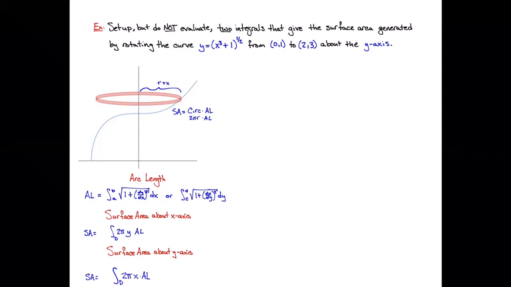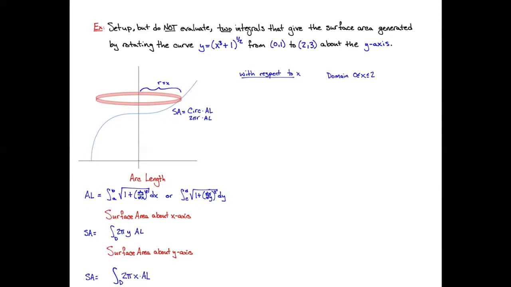So let's first do this with respect to x. With respect to x, first we want to talk about our domain. Our domain has to be in terms of x, and so x ranges from 0 to 2.